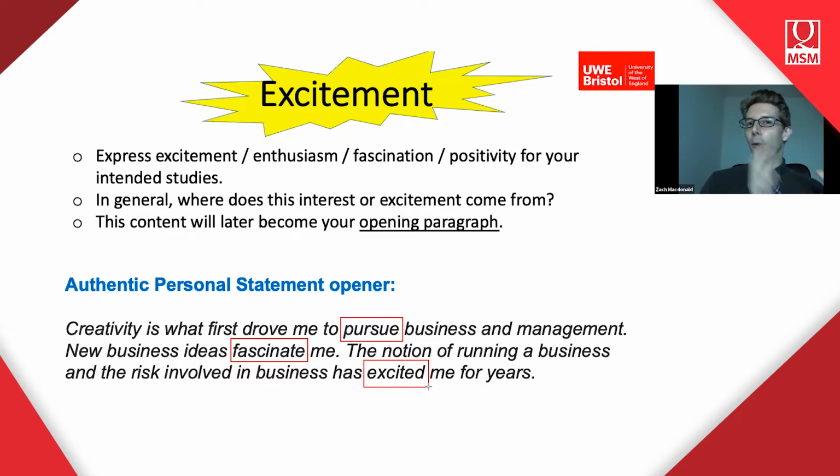This is their opening paragraph, and they're immediately showing what sparked their interest. So creativity, right? And they say that they are fascinated by business ideas. They explain why a bit. They say the risk involved in business has excited me for years. Okay, so they're showing their excitement, enthusiasm, and in general, where it comes from, all in just 2 sentences.